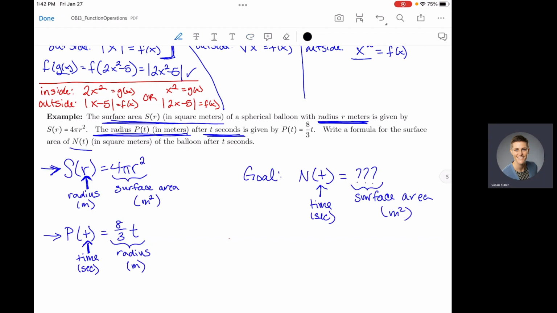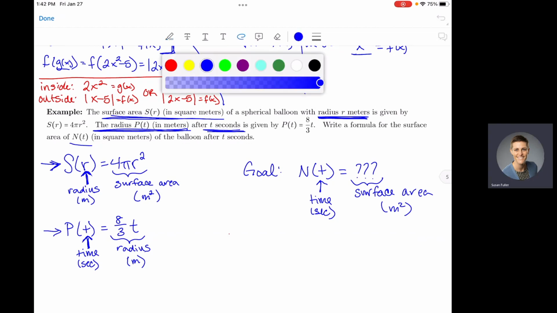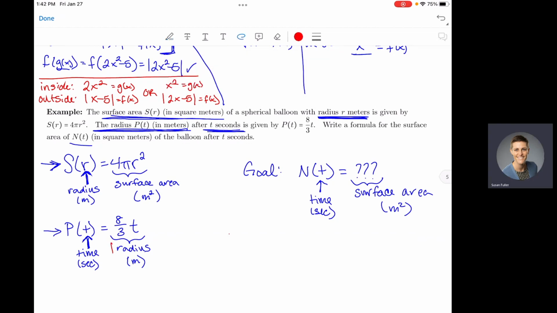Hopefully, do you notice that in what I'm given, a radius is coming out of P and a radius is going in to the function S? My output here matches my input here. These represent the same things. So I can actually take the output here and plug it into that function.